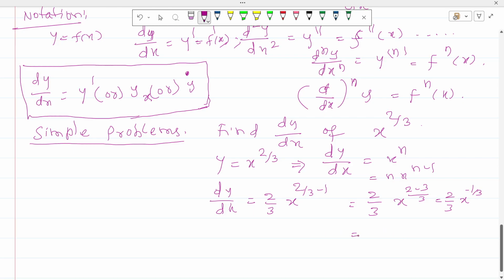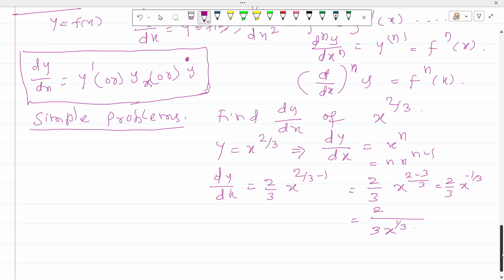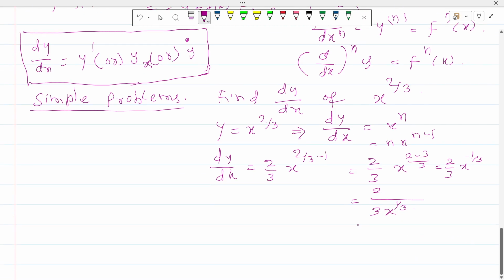So that can be written as 2 by 3 into x power minus 1 by 3. You know this x power 1 by 3 can also be written as cube root of x.